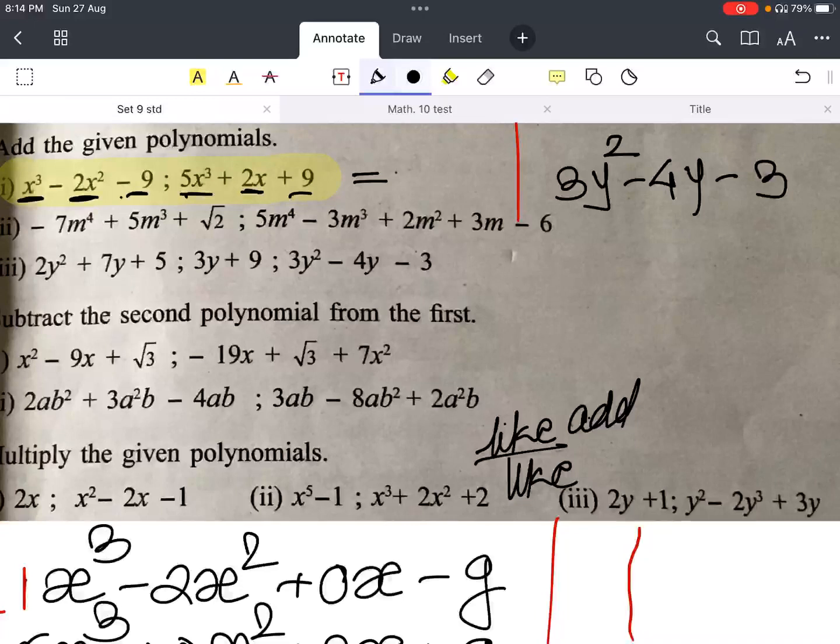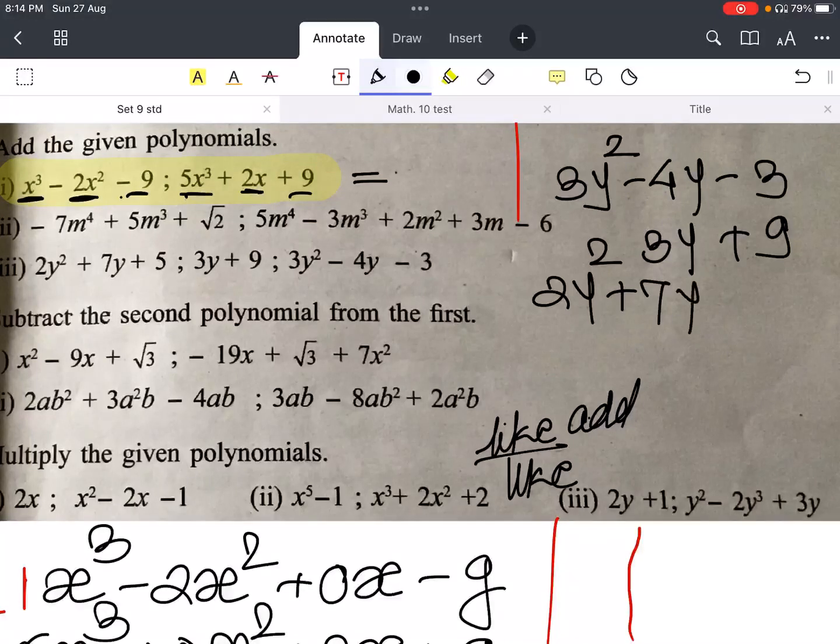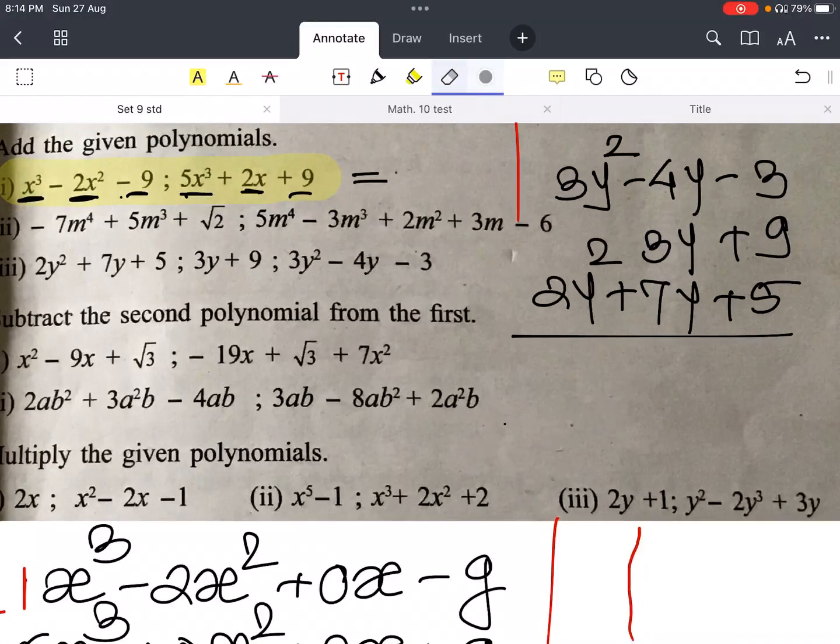Next is 3y plus 9, and the third equation is 2y square plus 7y plus 5. Clear? We are adding these equations, so there is no need to arrange or organize the numbers in a given sequence.